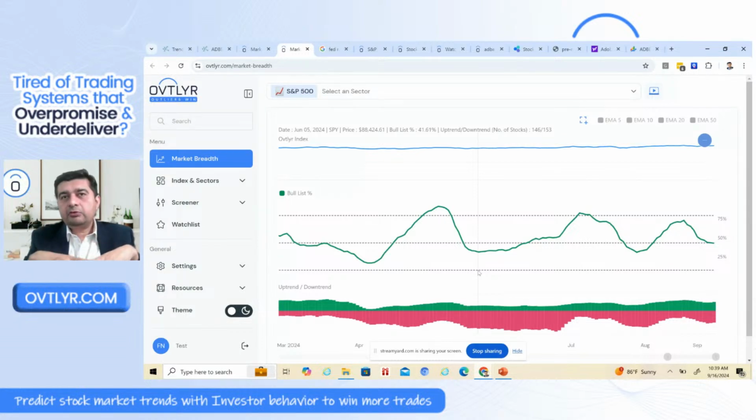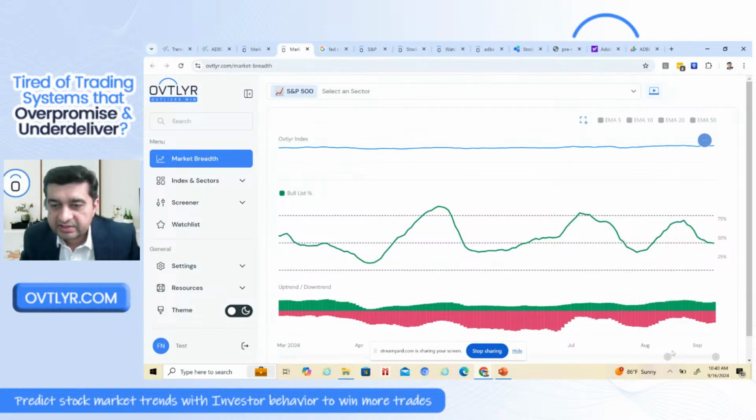And in the back end, we do have the count of how many stocks are in uptrend for that sector, or for the overall market at any given day, or how many stocks are in downtrend. It gives me an idea of whether you are seeing a correction within that sector or an index, or it has started recovering by just looking at this data.